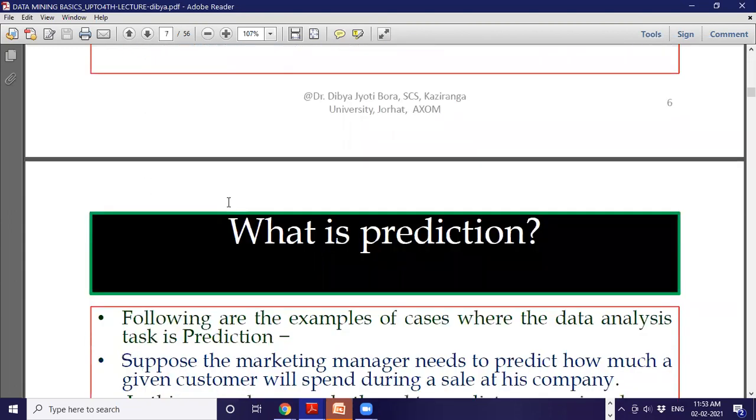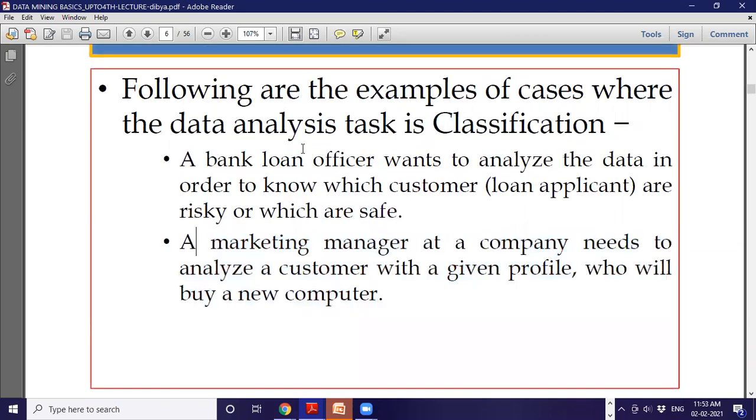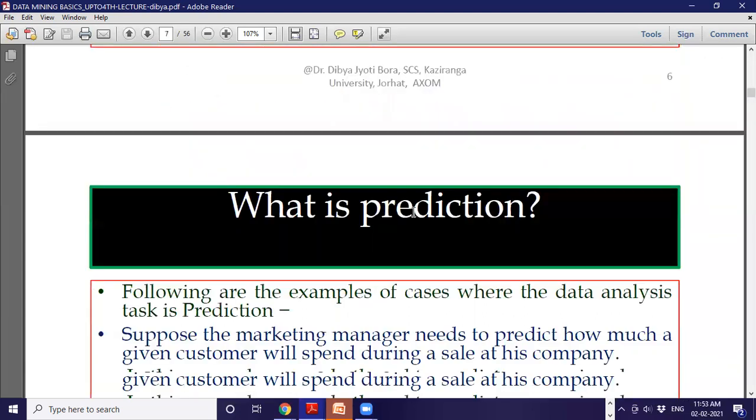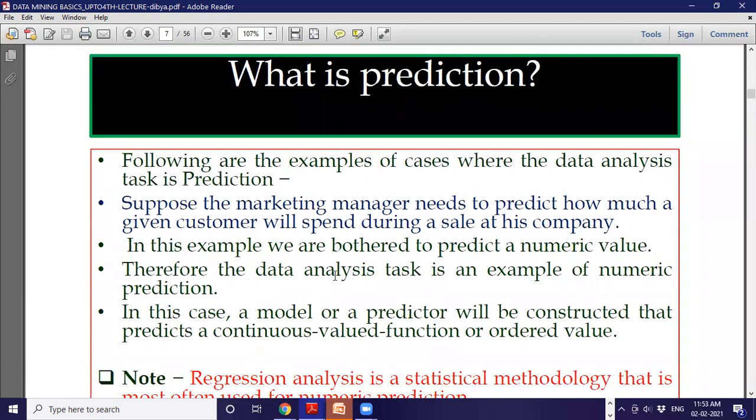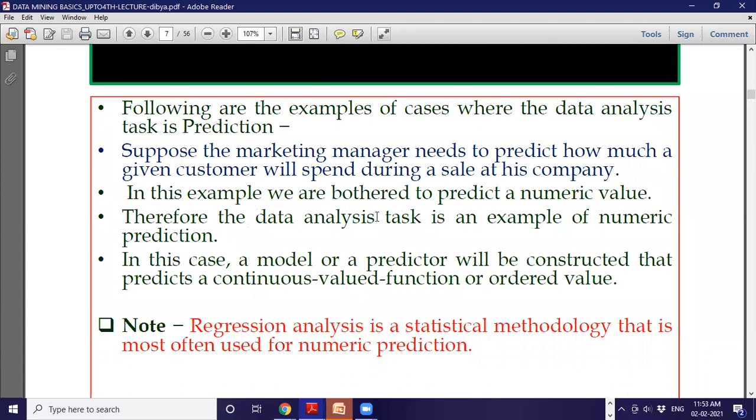So classification, I hope, is clear. We try to analyze the data in order to know their classes, some predefined levels. In prediction, we try to find out some future cases. So let's take the example. Say the marketing manager needs to predict how much a given customer will spend during a sale at his company. How much? See, this keyword is important.